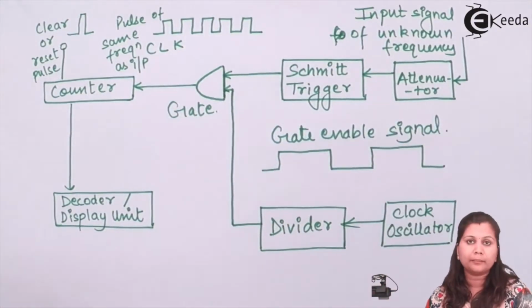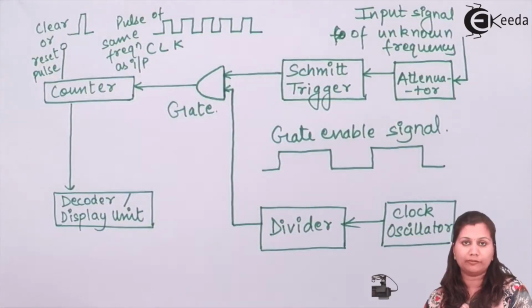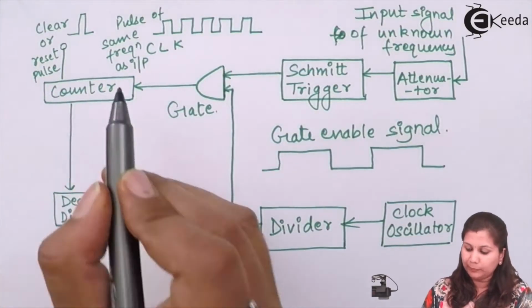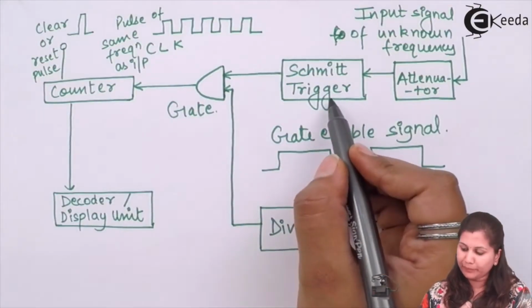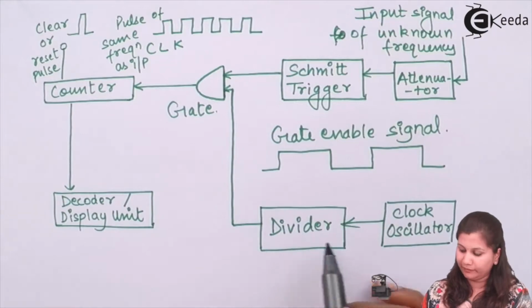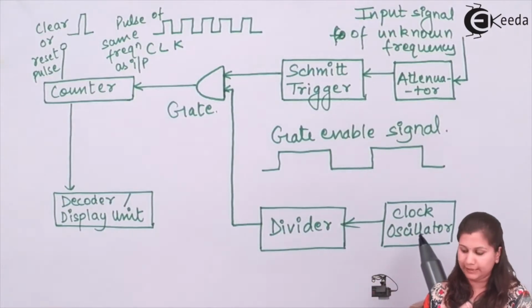This is the basic block diagram of a digital frequency meter. It has various parts: counter, a gate, Schmitt trigger, attenuator, decoder and display unit, divider and clock oscillator.